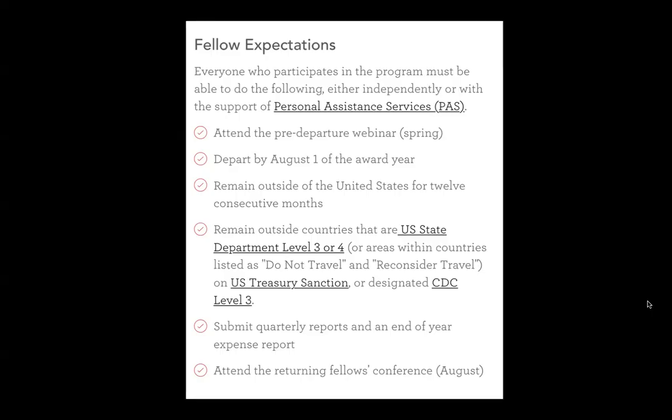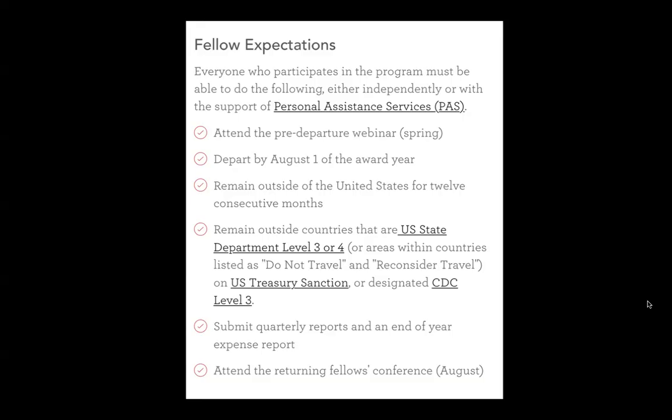Now, when you choose your countries, you have to also be realistic and remain safe. The Watson is meant to stretch you, but not endanger you. So you cannot choose to go to countries that are listed level 3 or 4 on the State Department list.